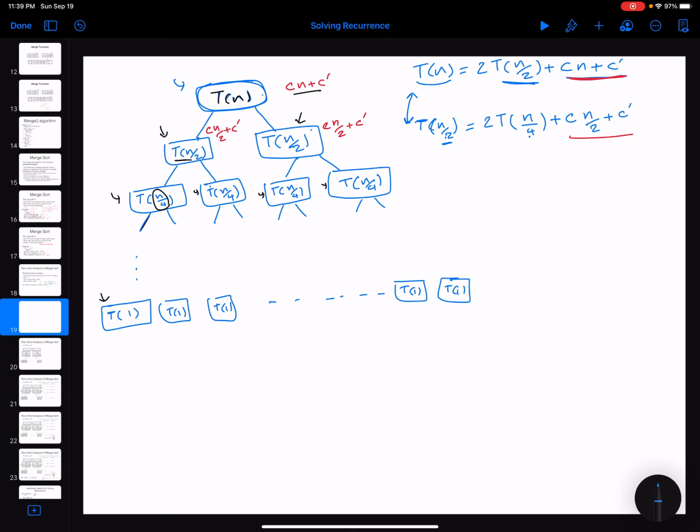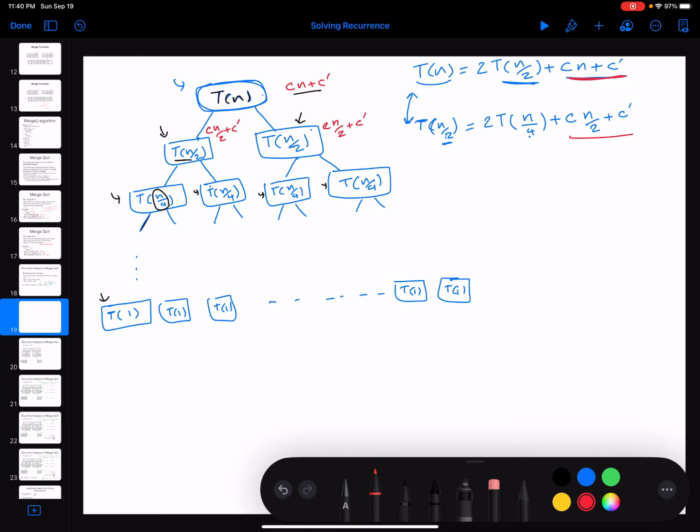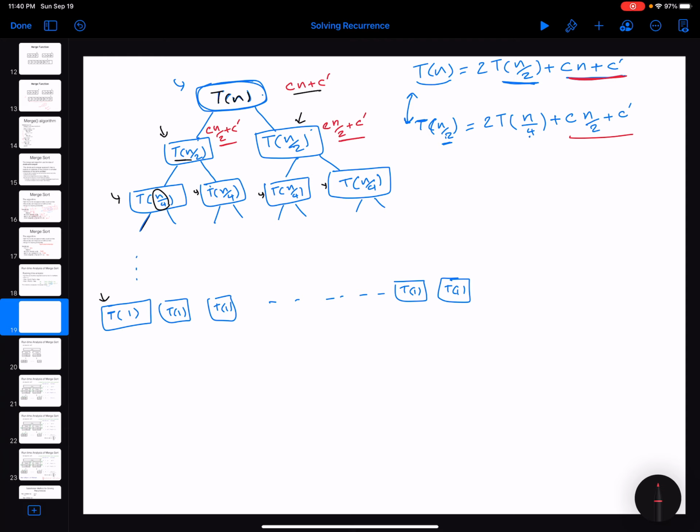So at the end, the summation of all the costs associated to each of these boxes is going to be the time that will be spent on the computer to execute the full merge sort, which is this original function call.